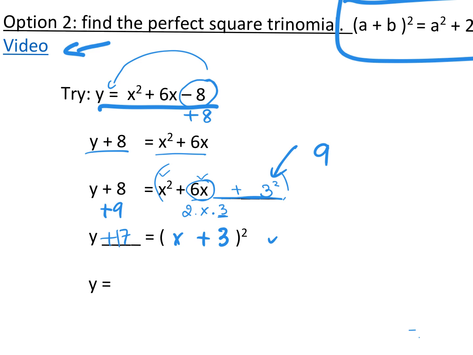And then your final equation, right? You have to bring this to the right side. So you basically take away the 17 on the left side and put it on the right side. Okay? So your final vertex form will be y equal to, this is gone, right? x plus 3 squared subtract 17.